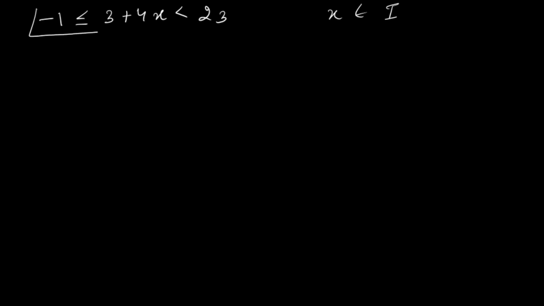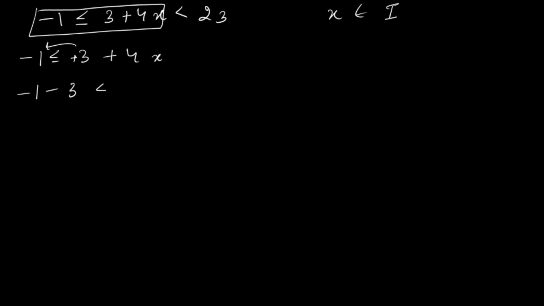So first this part I'll solve. Minus 1 less than or equal to 3 plus 4x. First of all, like terms. So minus 1 minus 3, because plus 3 when we shift to the other side it will become minus 3, less than or equal to 4x. So minus 4 less than or equal to 4x.